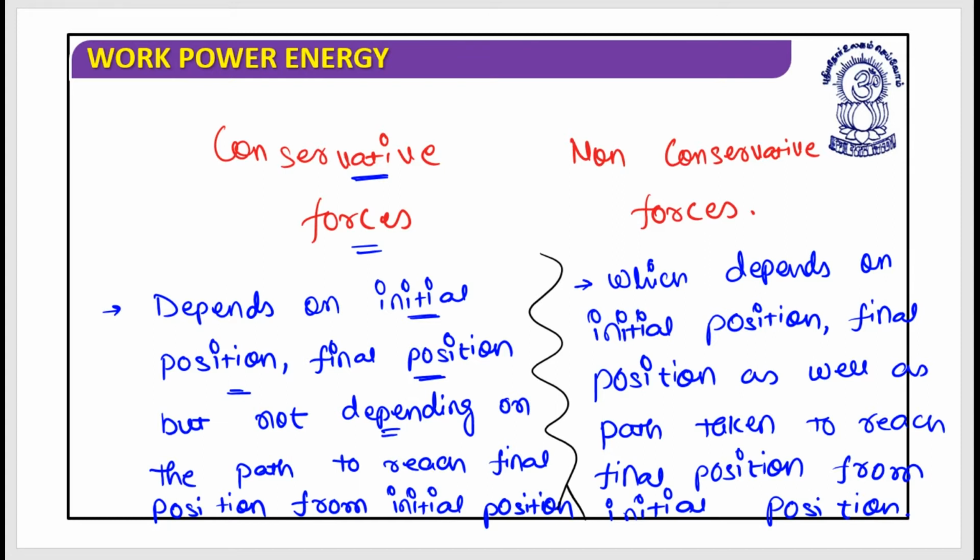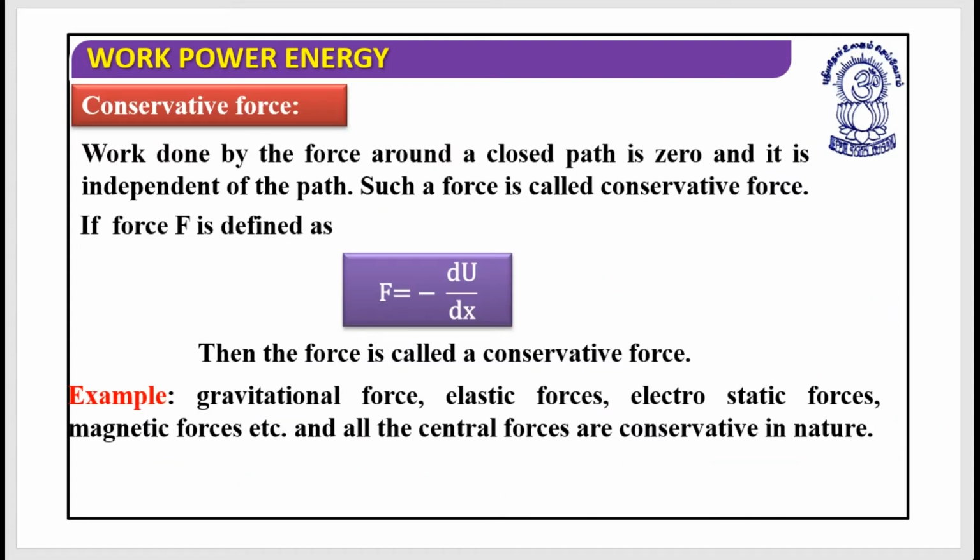Now we are going to discuss these forces in more detail. Let's first look at the conservative forces, and then we will switch to the non-conservative forces. In conservative forces, work done by the force around a closed path is always zero, and this is independent of the path. Such forces are known as conservative forces.